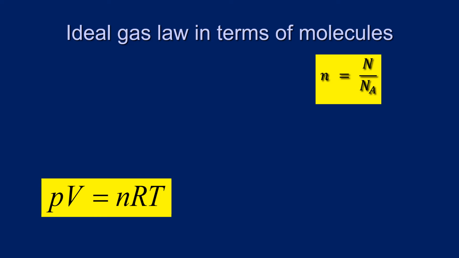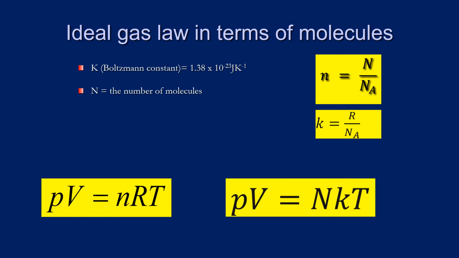Using the relationship from earlier, the number of moles is equal to the number of particles divided by Avogadro's constant, and introducing another constant, the Boltzmann constant, which is equal to the gas constant divided by Avogadro's constant, if we substitute that into PV equals nRT, we get another way to write it, which is PV equals NkT, where k is the Boltzmann constant and N is the number of molecules.